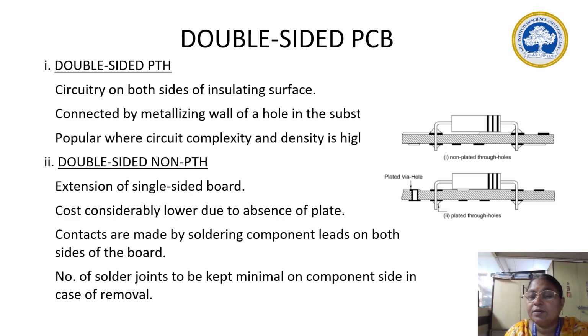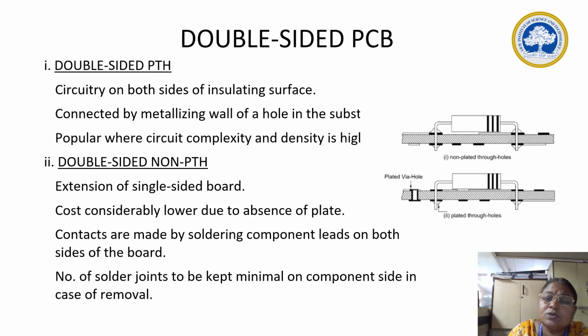This type we prefer whenever the circuit complexity, density, and number of components to be laid on top of the board is going to be larger. When it is a non-PTH type, we can see the absence of the plate. So there is no wire projected out and components are laid.